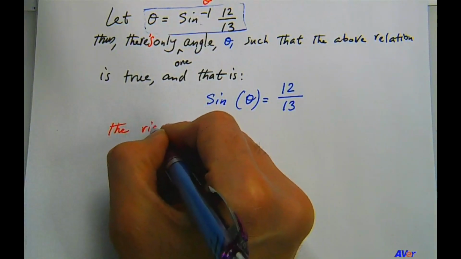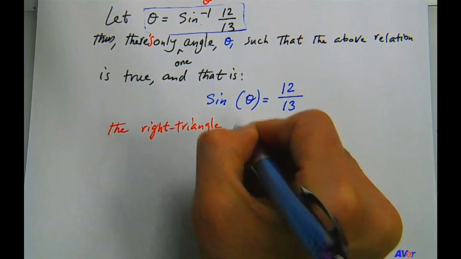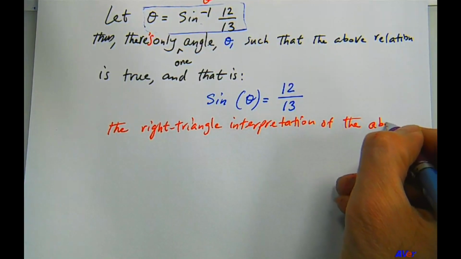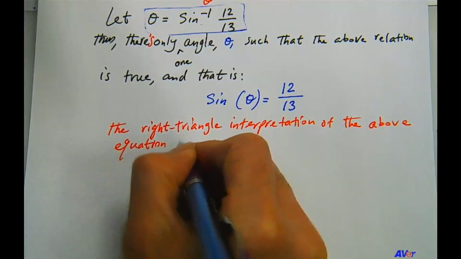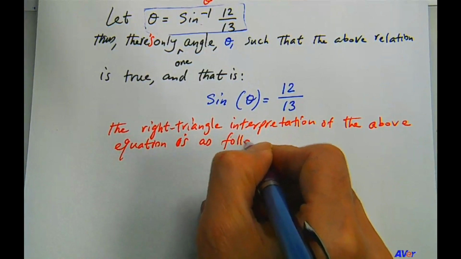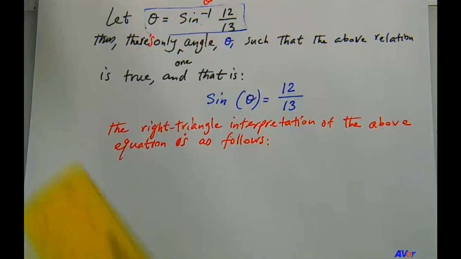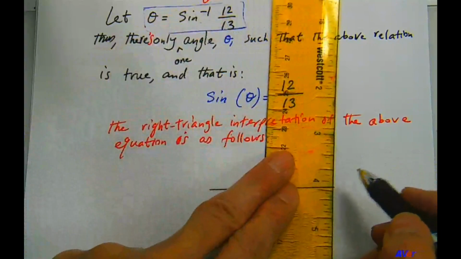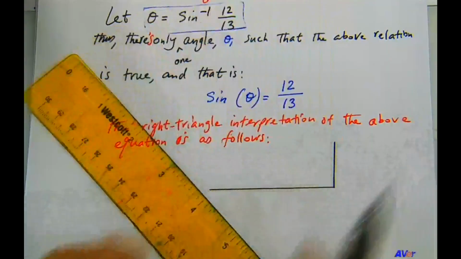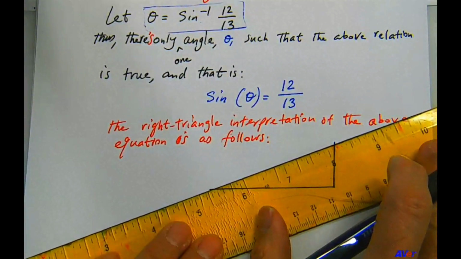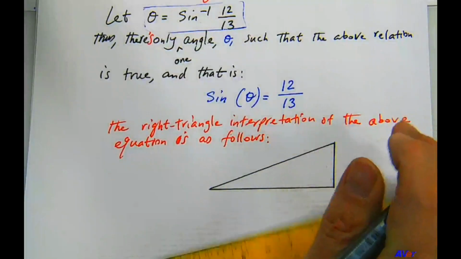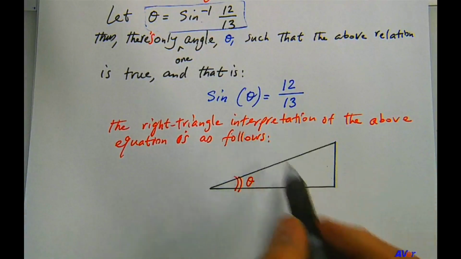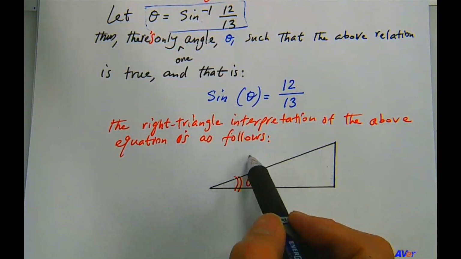That is as follows. Let's draw that. So if that's the theta, then sine of theta is really the opposite divided by the hypotenuse, right?